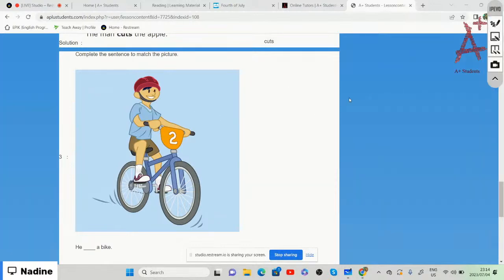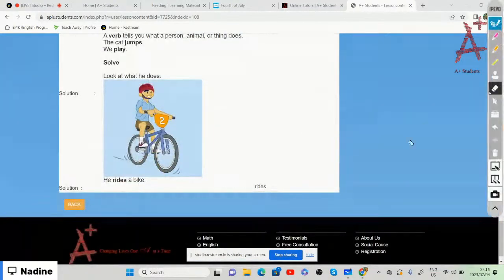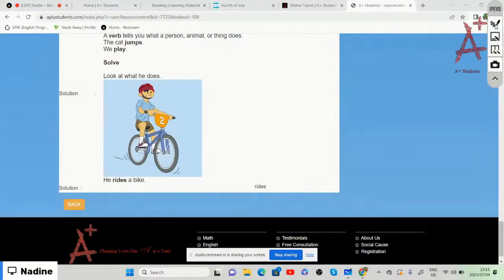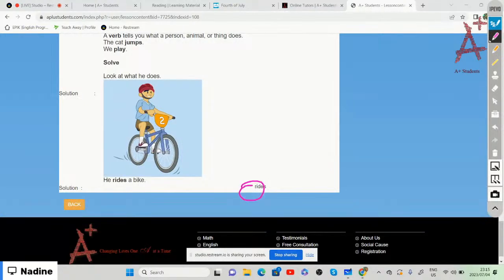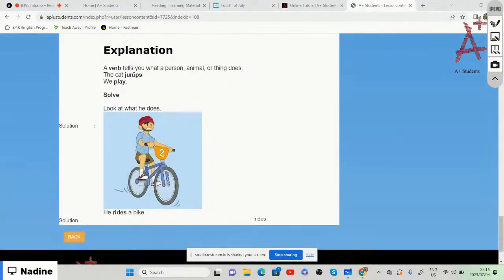All right, now we're going further. And if we look at the explanation, then that is correct. So if you said the boy rides a bike, then that is correct. So rides is the correct action verb, or let's say it is the correct verb that the boy does, right? So once again, a verb, it tells us what either a person, animal, or thing does.